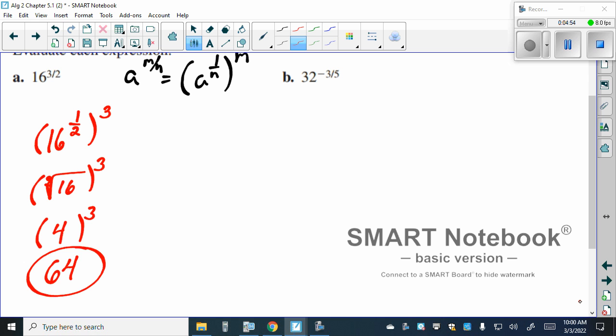Now let's look at the next one here, 32 to the negative 3/5. Really, to work with this, we need that exponent to be positive. And the only way to get an exponent to be positive is if we take the number from the numerator and put it into the denominator.